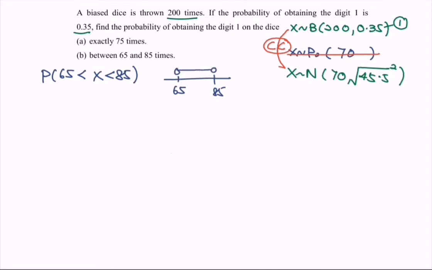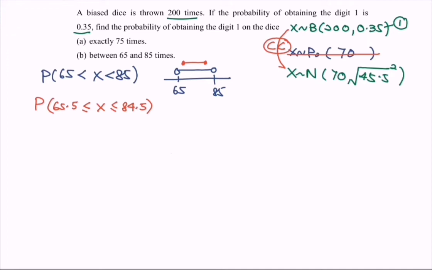When we have empty, it means that we need a dense. So after the correction, we have x greater than or equal to 65 plus 0.5, so we have 65.5. Next, we have 85 minus 0.5, so 84.5. Step number 1, continuity correction.